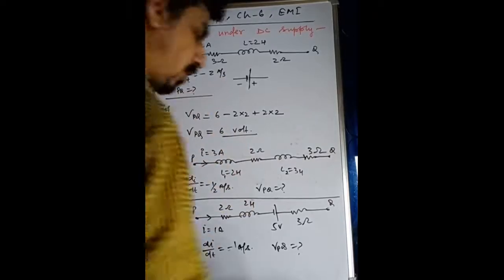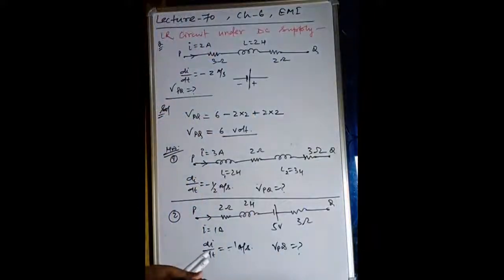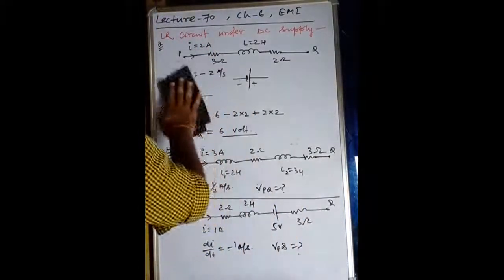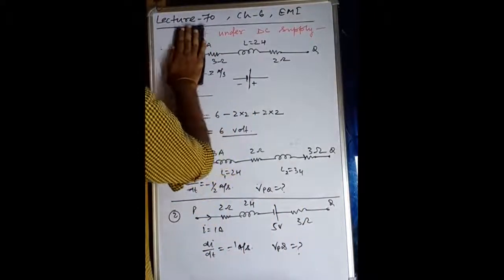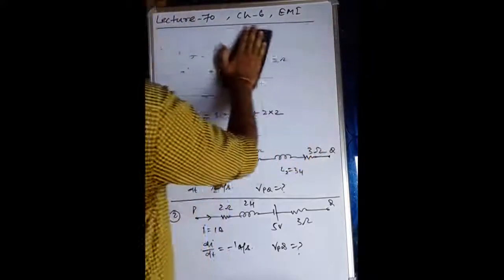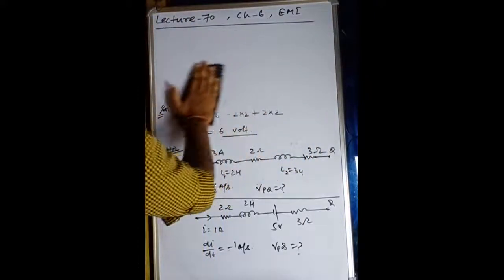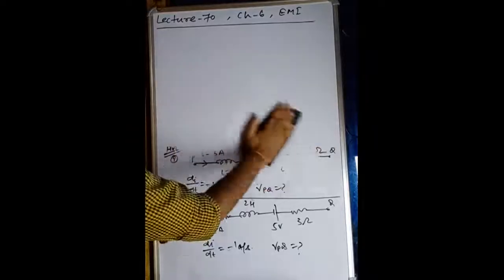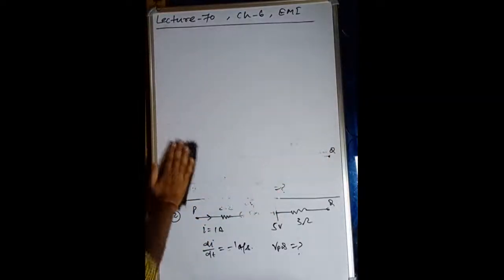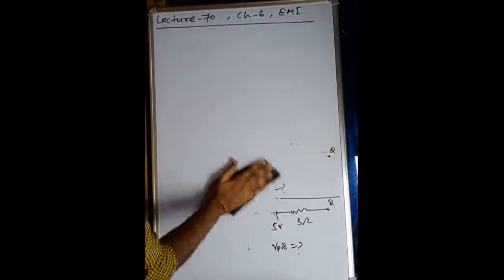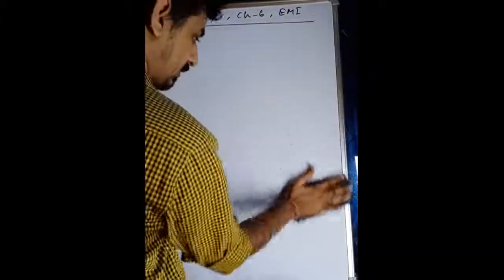Now the next topic we will study is mutual induction. In this lecture number 70, we will start mutual induction, and then we will study the coefficient of mutual inductance.